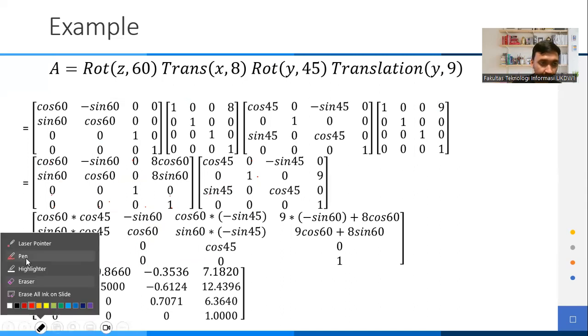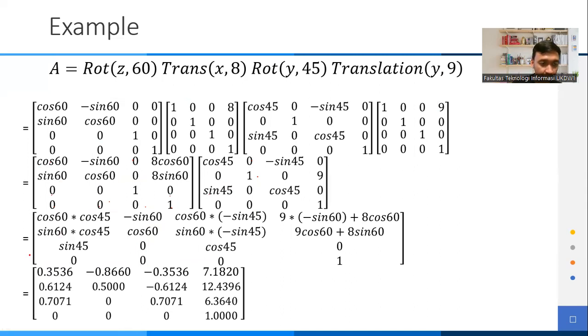So for the value, we can see cos 60 multiplied by cos 40. This is the result. Minus sin 60 is here. Cos 60 multiplied by minus sin 45 here. So after that, we can get the homogeneous transform matrix for my process.